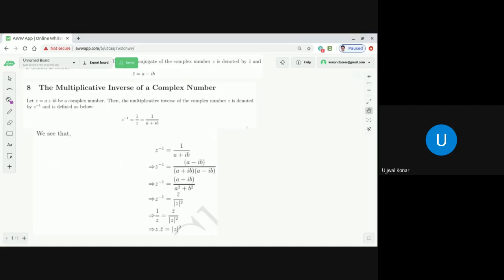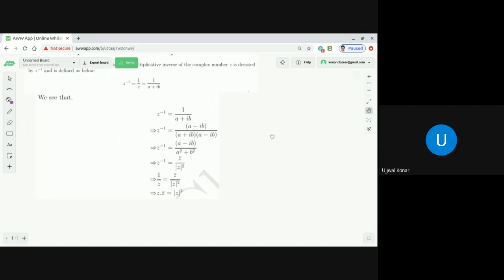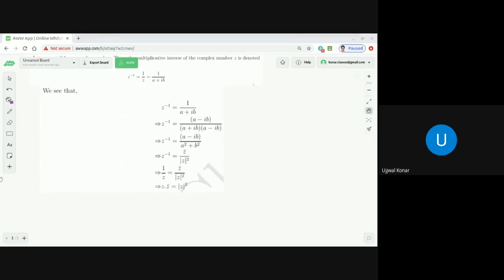Great. Now we are going to discuss some important results on modulus and conjugate of complex numbers. These results are important, you need to remember them, and they will be very helpful as well.